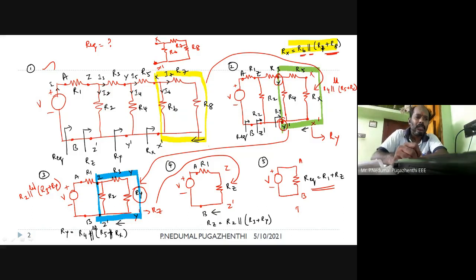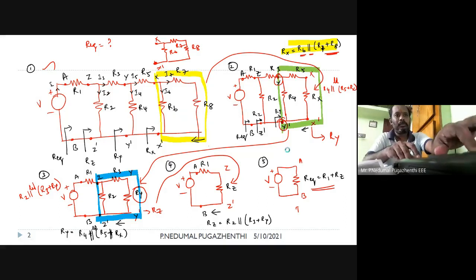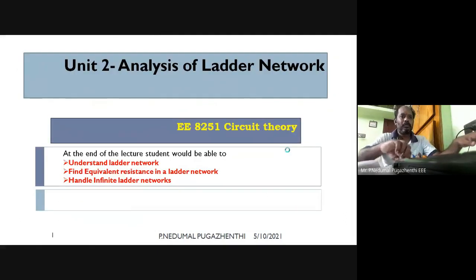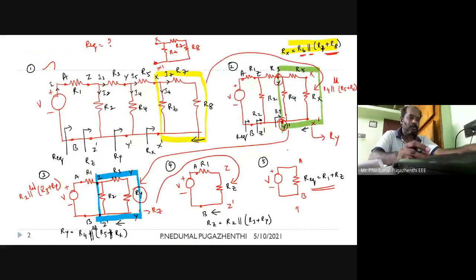What is the total current? I is equal to, what is current?